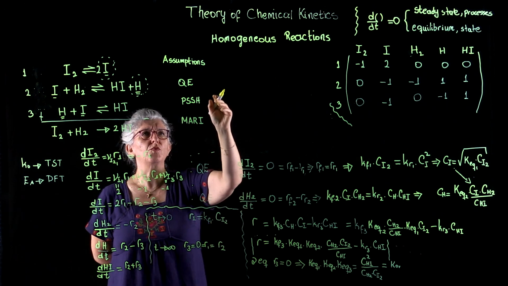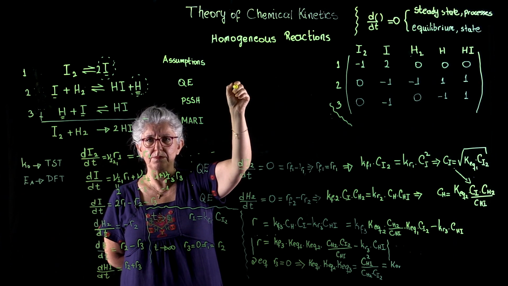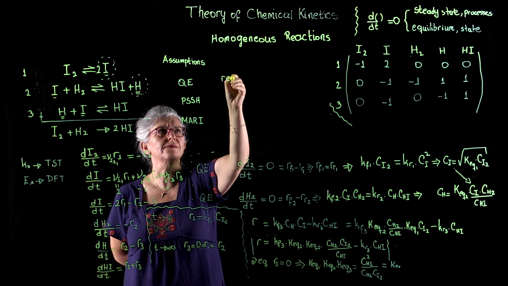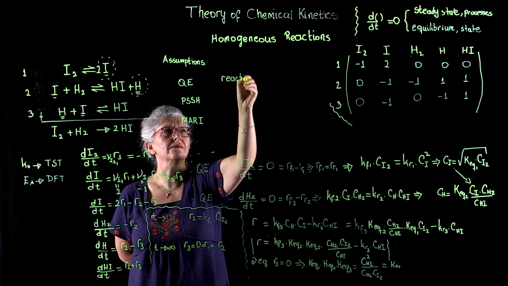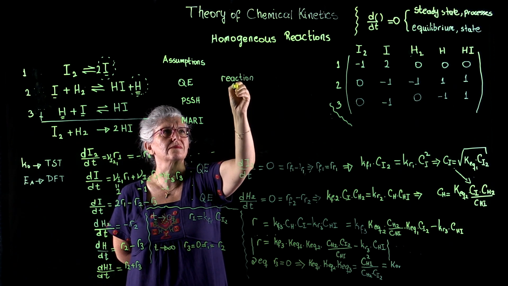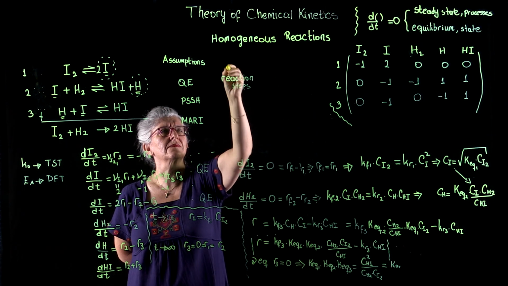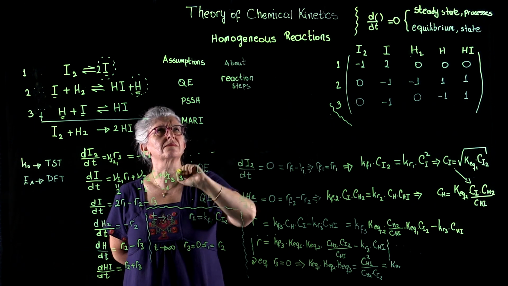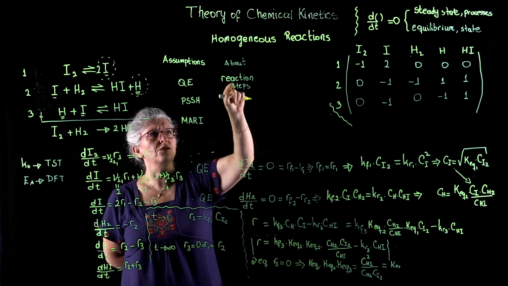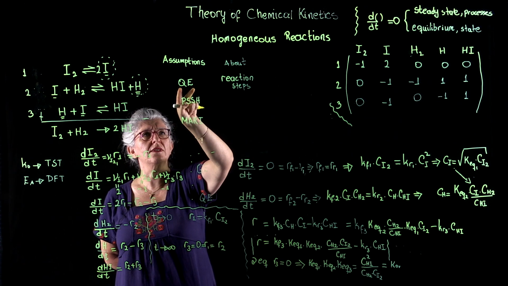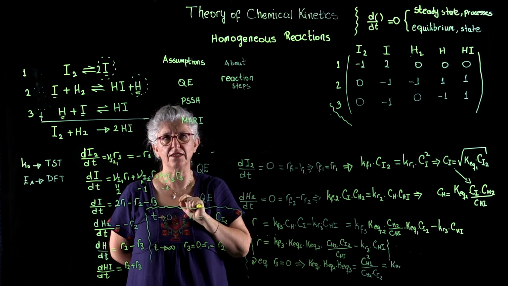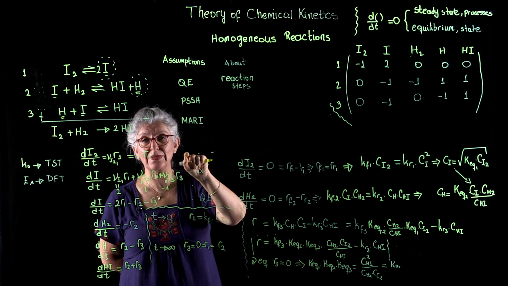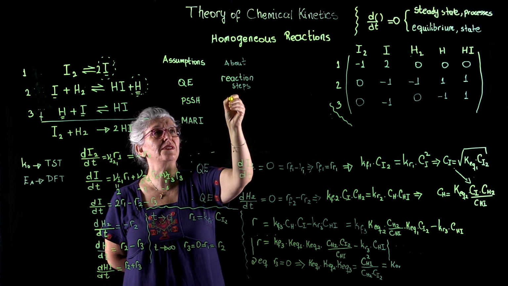Quasi-equilibrium is about the reaction steps, assumptions about reaction steps, while the pseudo-steady state hypothesis is about the intermediates.